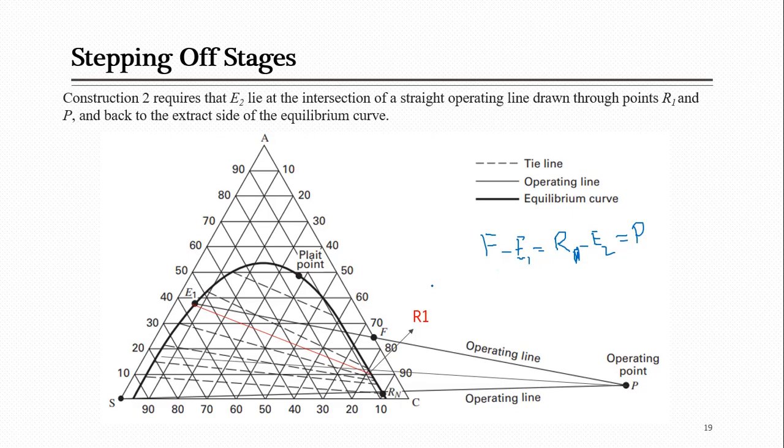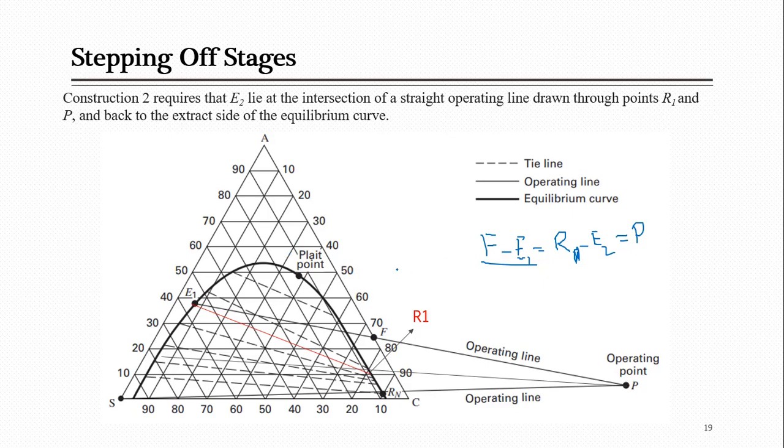From this diagram, up to the point where I have reached, I can locate E2. How can E2 be located? You know that for F and E1, the line passing through F and E1 connects to the P point.